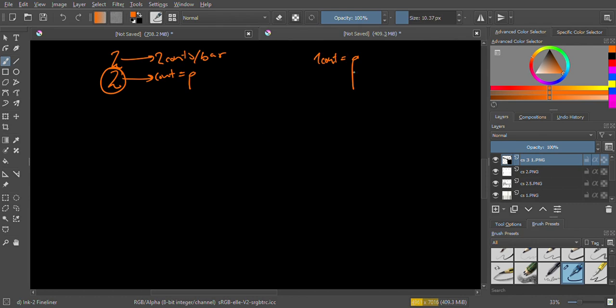Based on this one fact, just like we did with the quarter note, we can reverse engineer everything else. A quarter note is going to be equal to half a count. A whole note is going to be equal to 2 counts. An eighth note is going to be equal to a quarter of a count. This time a 16th note is going to be equal to an eighth of a count.